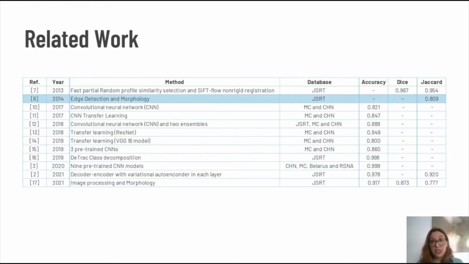In terms of the image processing technique used for solving the lung region segmentation problem, we identified the study provided by Saad and other authors that proposed a method based on Canny filter and binarization, followed by morphological operations such as dilation and erosion. But the Canny edge detection algorithm is complex, time-consuming, and has a high hardware cost.